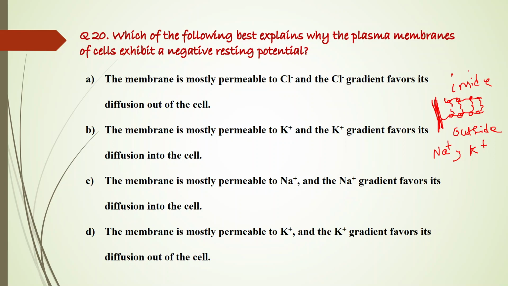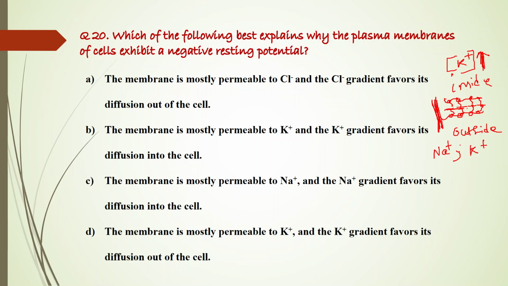Now we already know that inside the cell K plus concentration is higher. That means the transport proteins that exist in these membrane sites actually favor taking K plus ions from outside and taking them inside to keep a high concentration of K plus ion inside the cells.